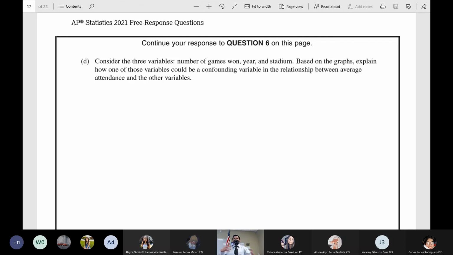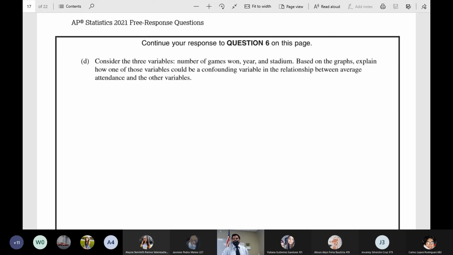So the games won in this case can be considered a confounding variable. Because it's making it so we can't differentiate between the year and the stadium in relationship to attendance. It's kind of like making it impossible to differentiate which one's actually causing a change in attendance.